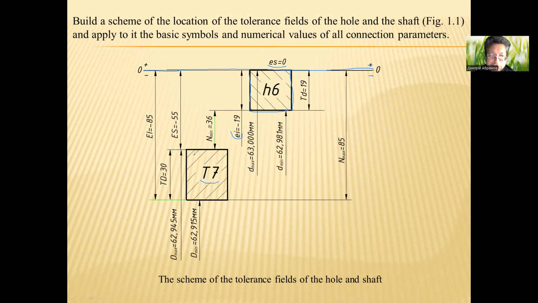Upper limit deviation of the hole, big ES, is equal to minus 55 micrometers. Lower limit deviation of the hole is minus 85 micrometers. Tolerance of the hole, big TD, is equal to ES minus EI.